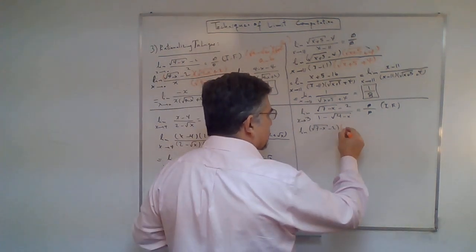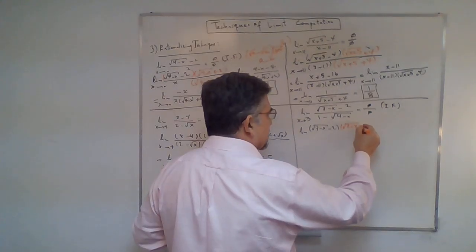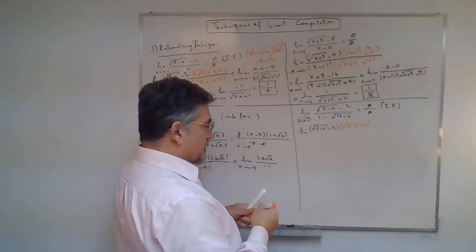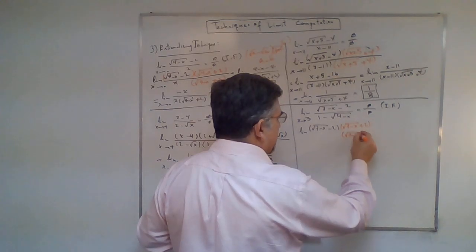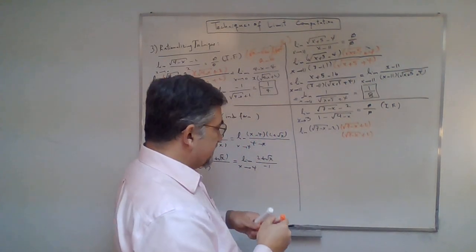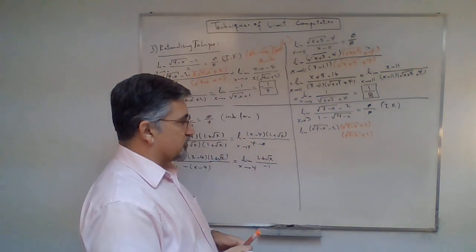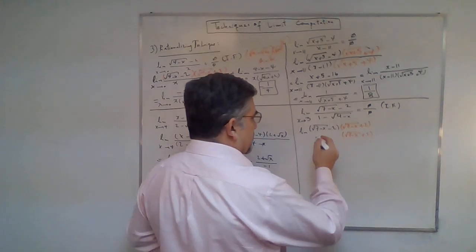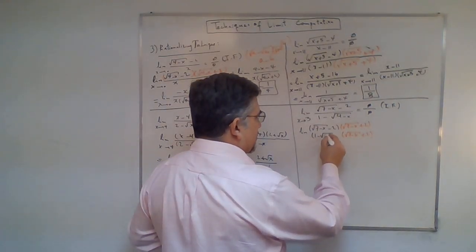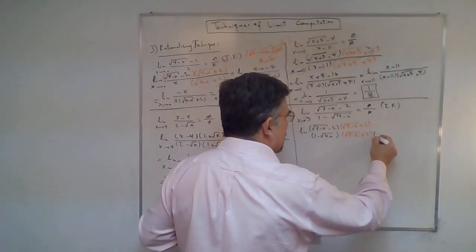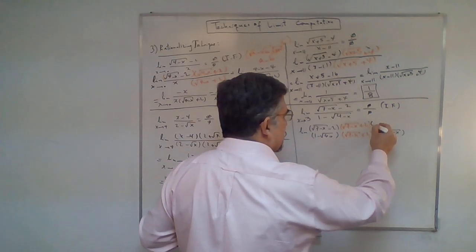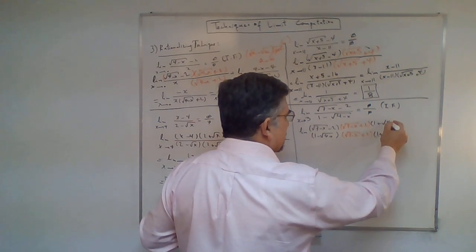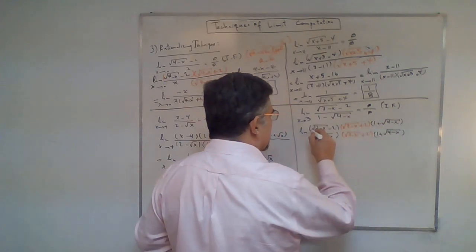First of all, root 7 minus x plus 2, and same thing in the bottom, of course. And this is the conjugate radical of the numerator, but the conjugate radical of the denominator is 1 plus square root of 4 minus x, and I should multiply that by the numerator as well.